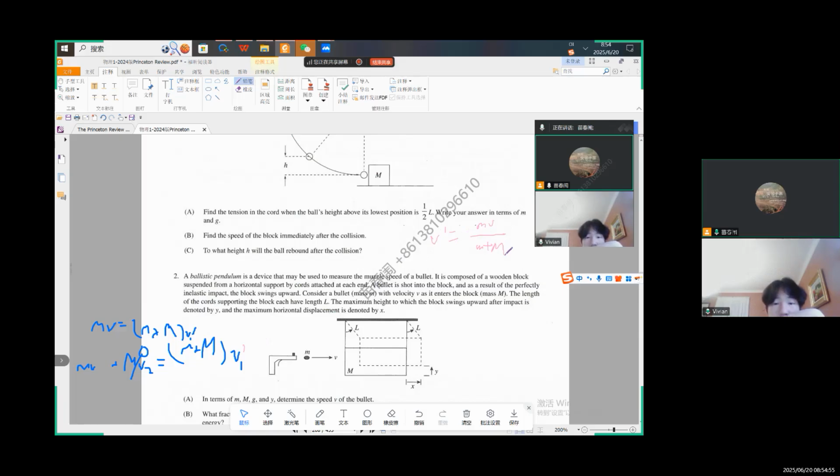Well, it says determine the speed of the bullet, so we divide that by m, and then we add v, but then we have to put v prime in. Then the m plus m cancels out, and then the mv and vm. Oh wait, that would be the same thing.